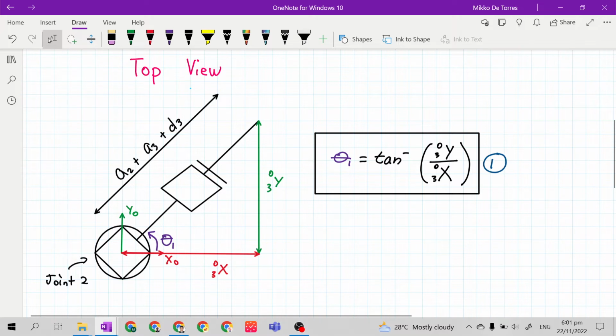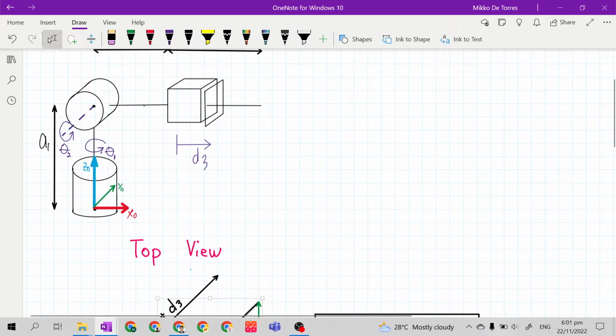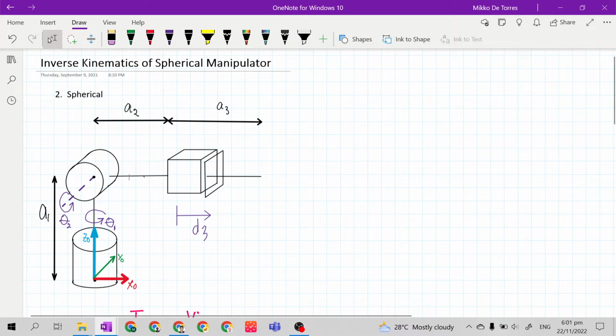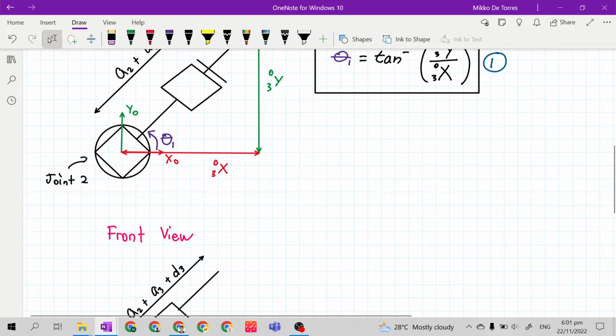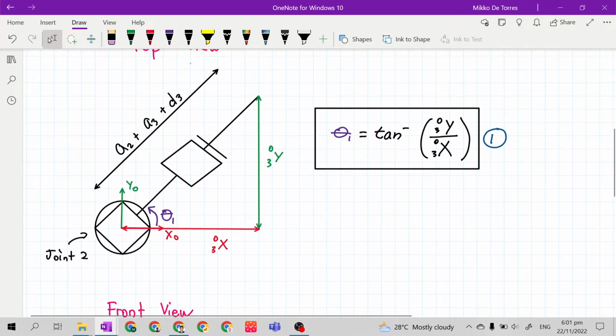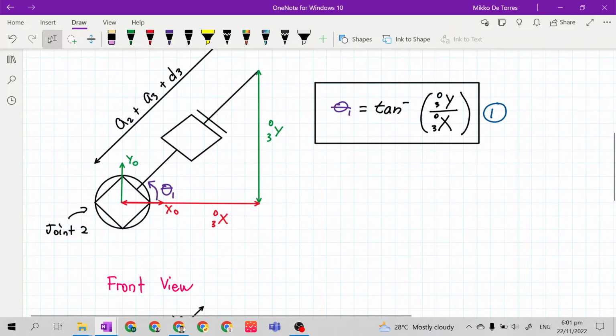Next, it almost looks like the top view of our cylindrical manipulator. This is the joint 2, this is the joint 3. The difference is the third joint is a prismatic joint, but it is connected across the revolute joint perpendicular to our first joint, which is a twisting joint.